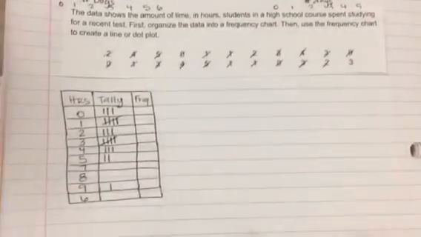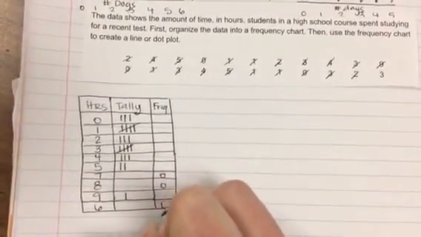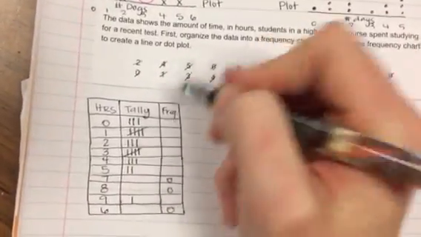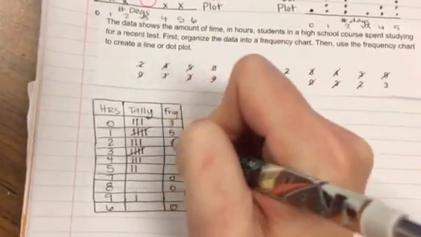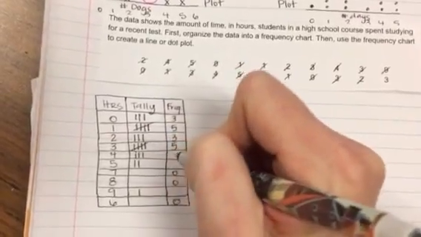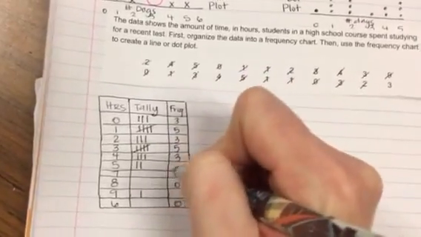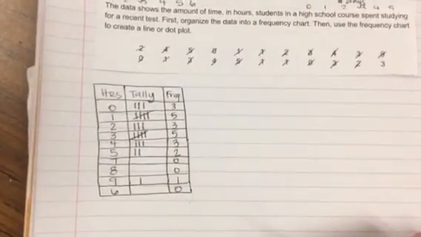So this is my data. Now notice I don't have anything here, so I'm going to go ahead and put zeros here. And then the frequency that I get is 3 zeros, 5 1s, 3 2s, 5 3s, 3 of those 4s, 2 5s, and there's only 1 9.